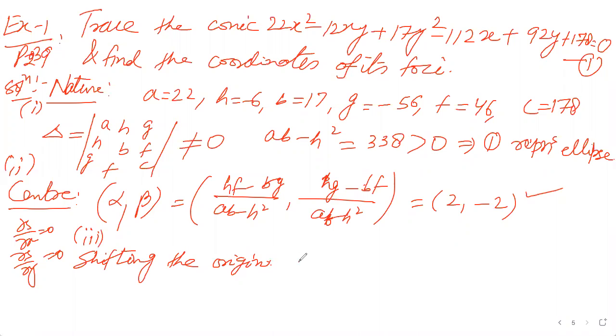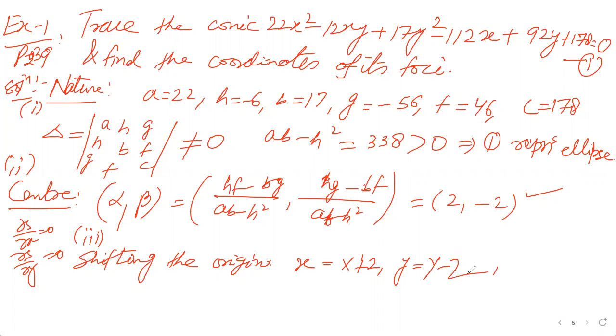For that, what will we do? Replace x with capital X plus 2 and y with capital Y minus 2. And it is called translation. So the origin will be shifting to this new point.